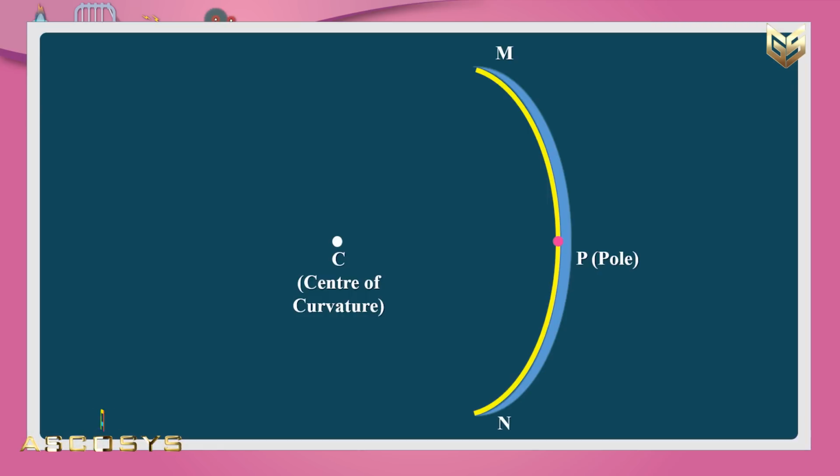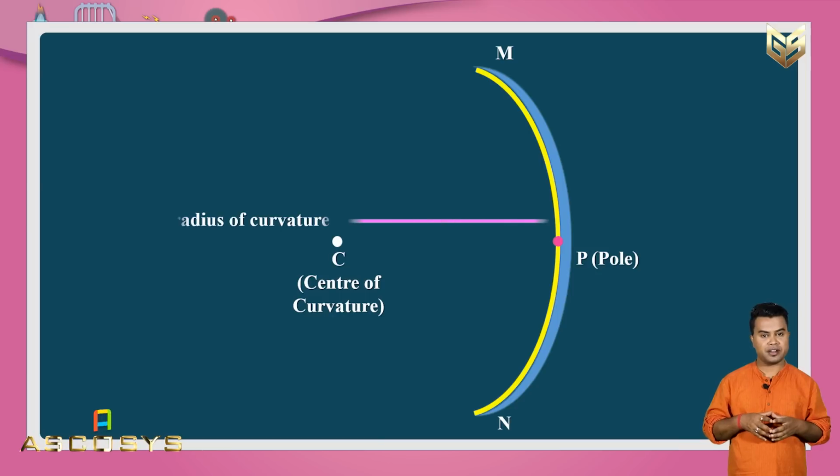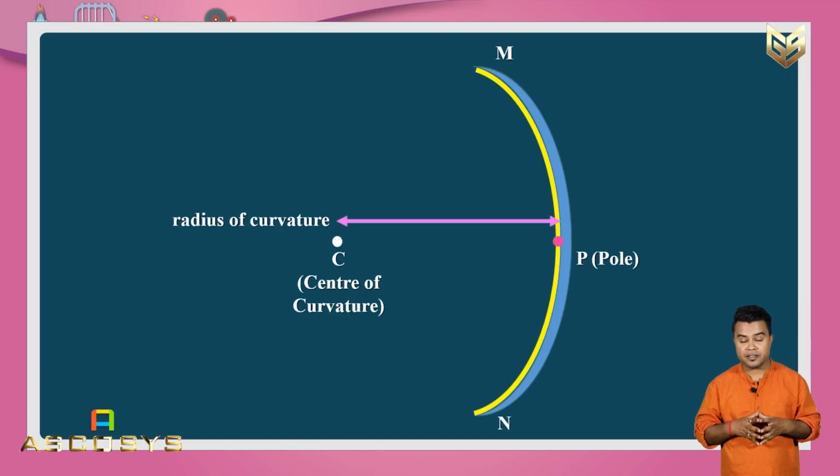Center of curvature lies in front of a concave mirror, and in the case of a convex mirror, it lies at the back side. Now, radius of curvature is the distance from the pole of the mirror to the center of the sphere, that is, to the center of curvature.